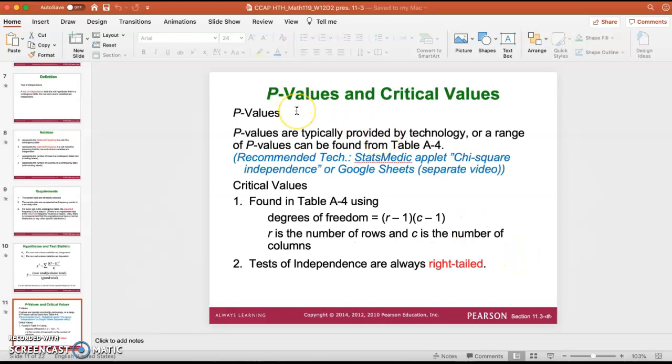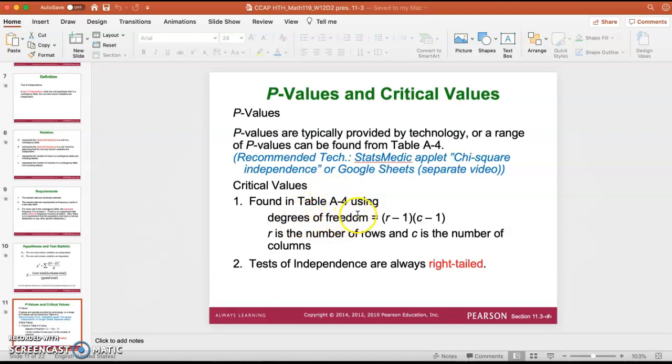We can still use p-values and critical values to make our conclusions. For p-values, we want to use technology to find those. I recommend the applet on StatsMedic called chi-square independence. You can also use Google Sheets to find the p-values, which I'm going to make a separate video on. For the critical values, you can use the chi-square table, which is table A-4.